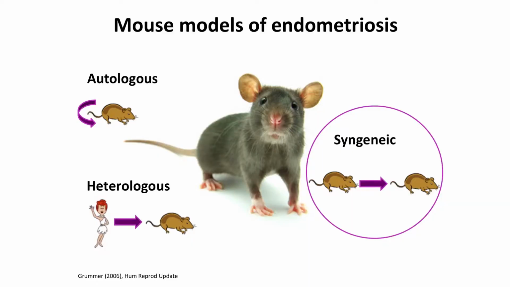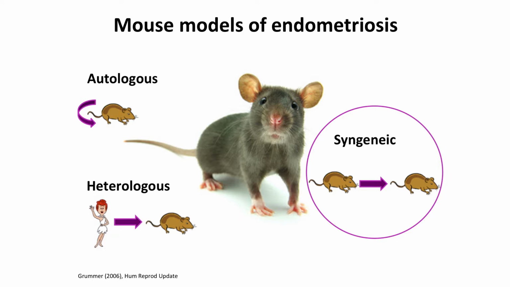So following on from the rat models of endometriosis, mice became more common for modelling the disorder because they're smaller, cheaper, and also there's many different transgenics available. There are many mouse models of endometriosis published in the literature, and they fall into 3 main categories. This includes the autologous model, where one uterine horn from the mouse is ligated and removed, fragmented, and then sutured back onto the lining of the same mouse or injected into the peritoneum.